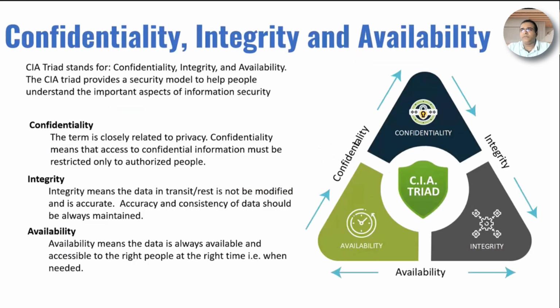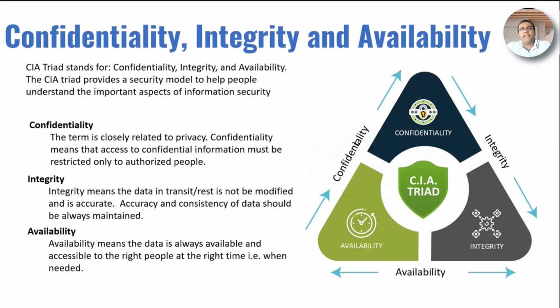So previously we spoke about confidentiality, integrity, and availability. Confidentiality is only allowing a particular, authorized person to view your data. Only they can view it, no one else. If an unauthorized user is able to see your data, it is a breach of confidentiality.